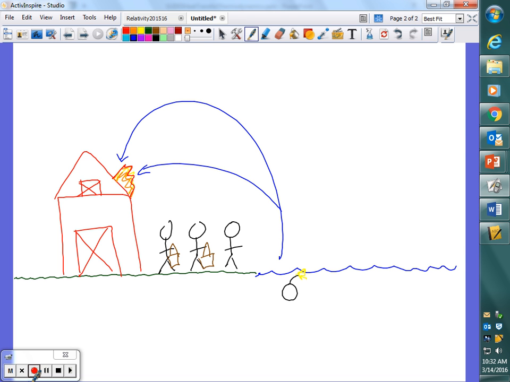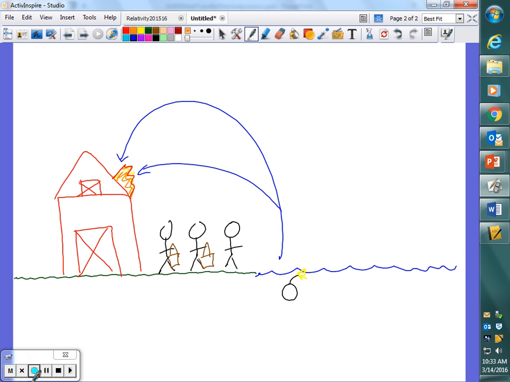So if you look at your definition of convection, it's a movement of liquids and gases. So they pour the bucket onto the fire and it becomes gas. No, it's the explosion.